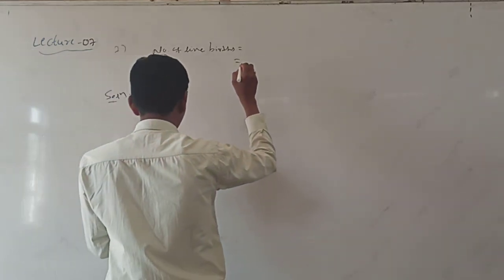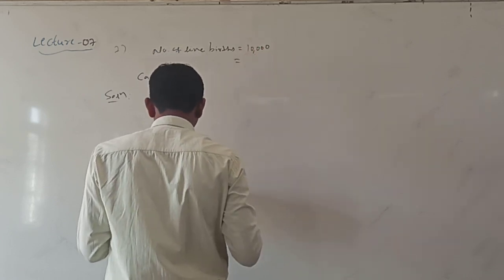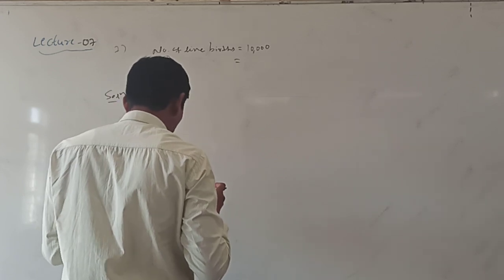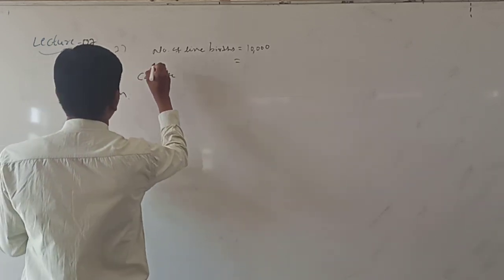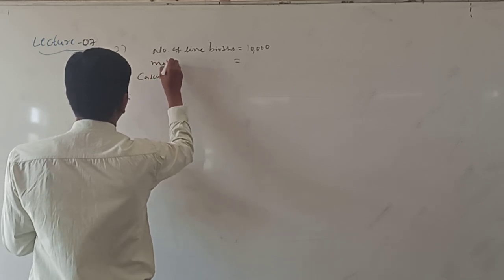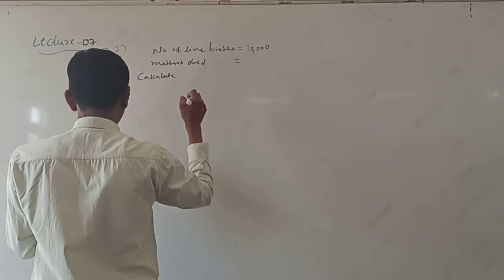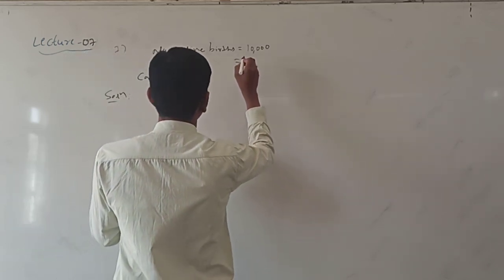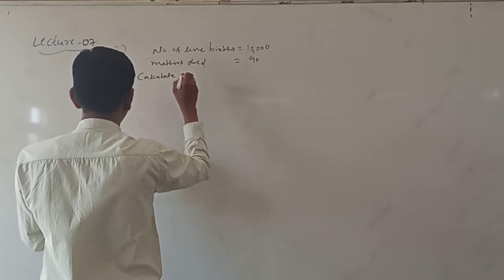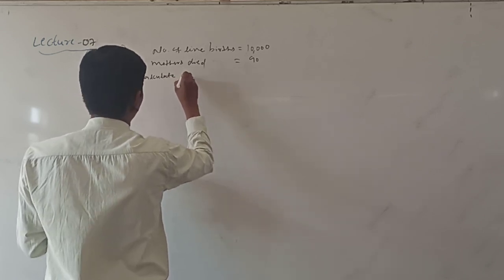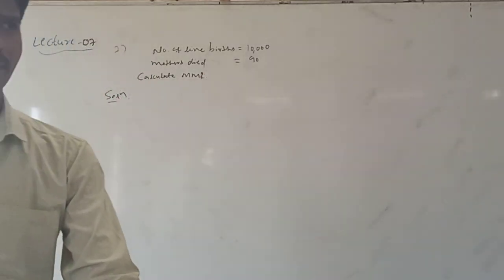Number of live births are 10,000, mothers died is 90. Calculate MMR, maternal mortality rate.